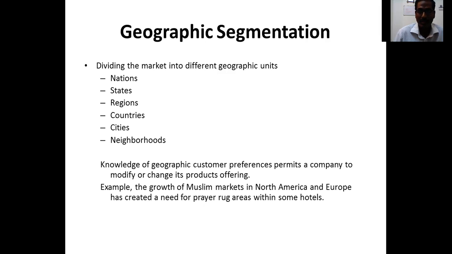So the requirement for a prayer mat, even a prayer room, in hotels is increasing, and the market considers this segment. In order to attract this Muslim segment, leading hotels offer prayer rugs and even prayer rooms.